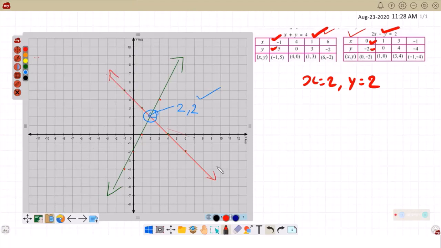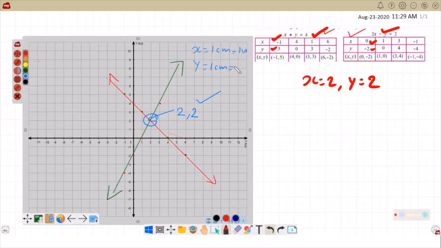And just drawing this much doesn't complete the graph. You have to write what all you have done in the graph. X is equal to 1 centimeter, y is equal to 1 centimeter, or according to whatever the item is, equal to 1 unit, and this is also equal to 1 unit. And you should also write all these points. For example, first is minus 1 and 5, here it is minus 1 comma 5.